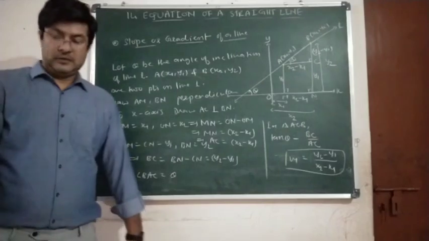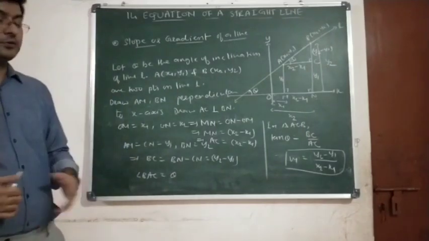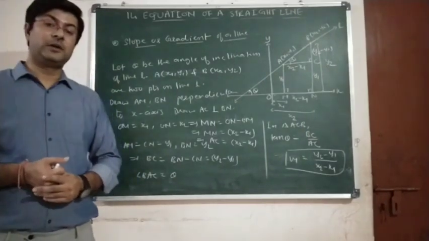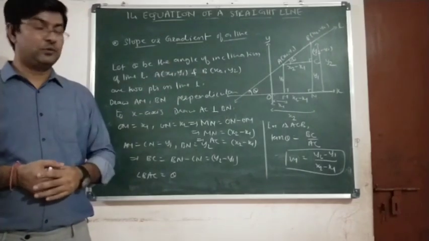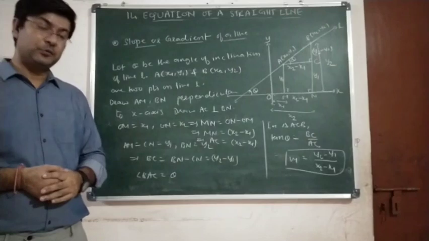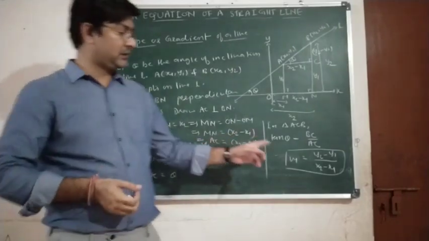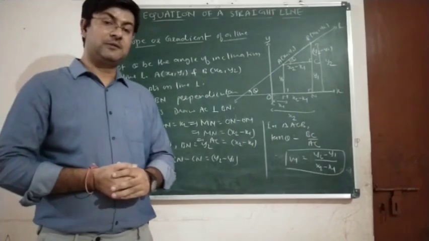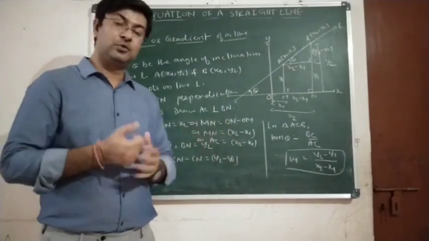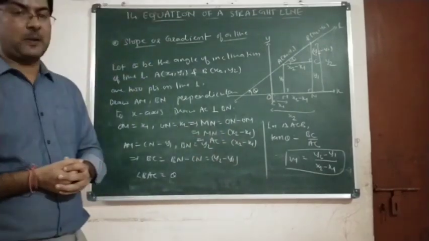Whose 2 points are given, A and B with coordinates (x1, y1) and (x2, y2). So (y2 minus y1) upon (x2 minus x1) is equal to m is equal to tan theta, which is equal to the slope of the line. Clear?